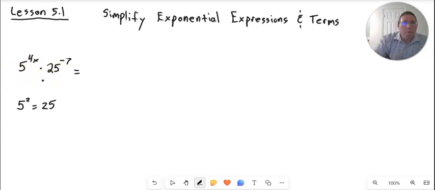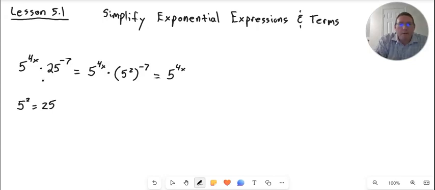And so what we wind up with here is this one stays as 5 to the power of 4x times, then the 25 becomes 5 to the second power, and then it's to the power of negative 7, which now becomes 5 to the power of 4x times 5 to the second power times negative 7.